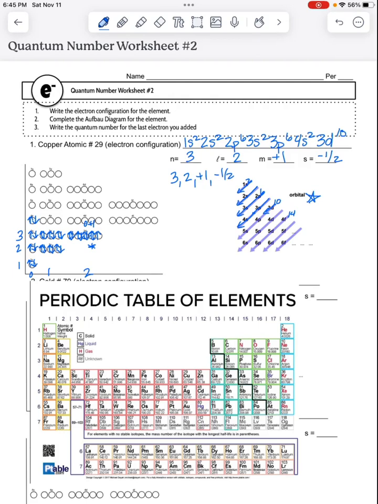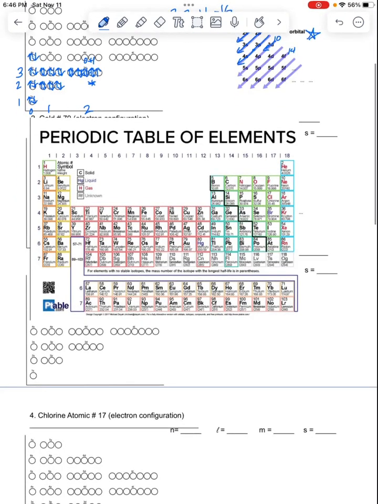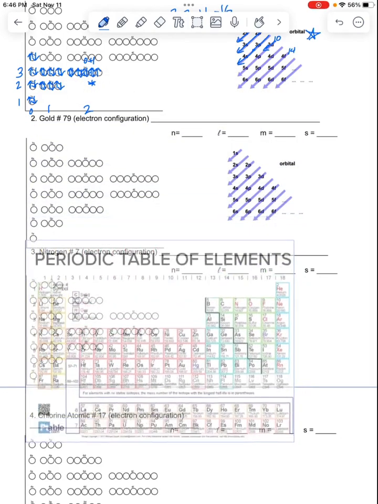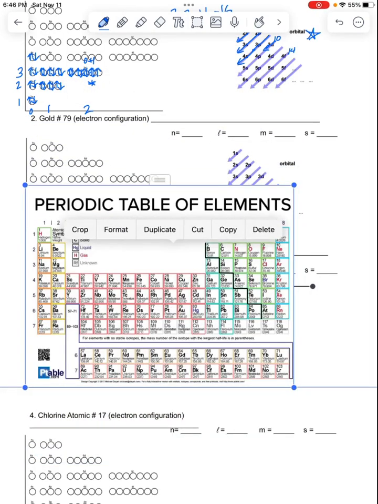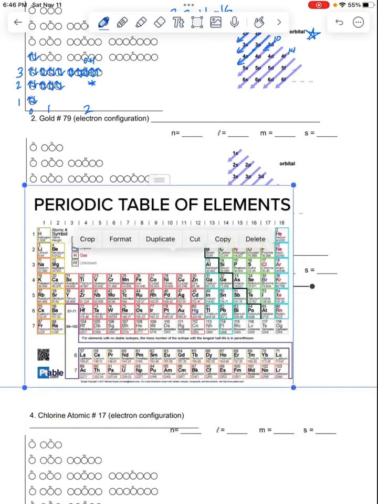And that would be what I recorded for my quantum number. Now, the last two numbers, your m and your s, could be slightly different from yours, depending how you bundled up your electrons there. Let's go ahead and do one more together, and then I think you will be pretty good to move on all on your own.